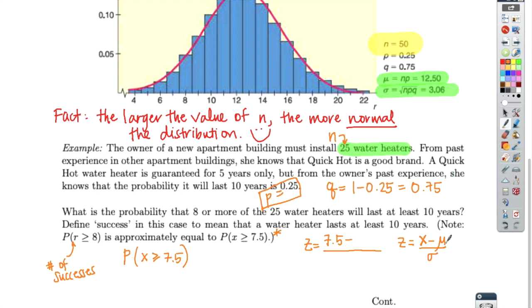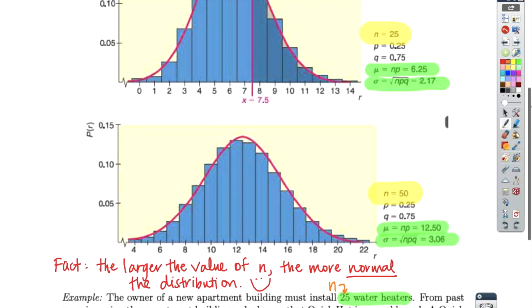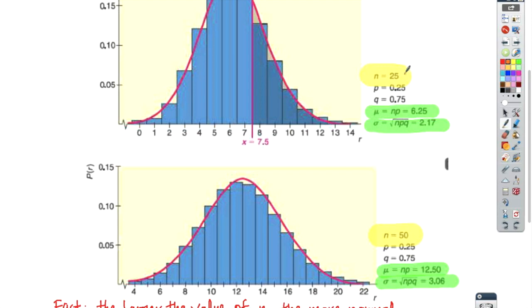Now, we could find mu and sigma. Remember, in binomial land, these have very friendly formulas. So you could absolutely find those, but this is exactly modeled right over here: 25 trials, probability of success is 25%, probability of failure is 75%.